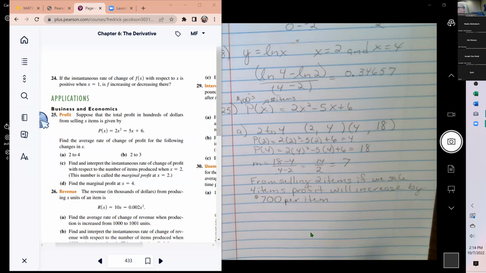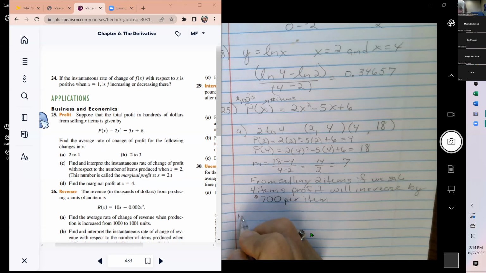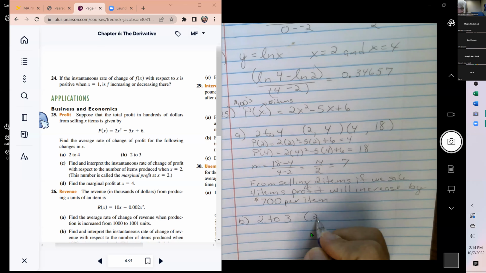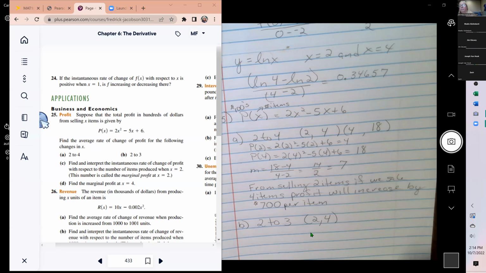Okay, let's see what happens from 2 to 3. We already know 2 was 4.